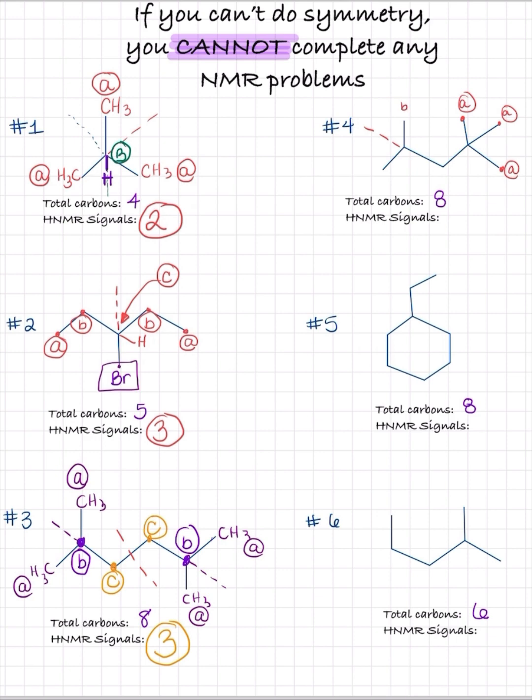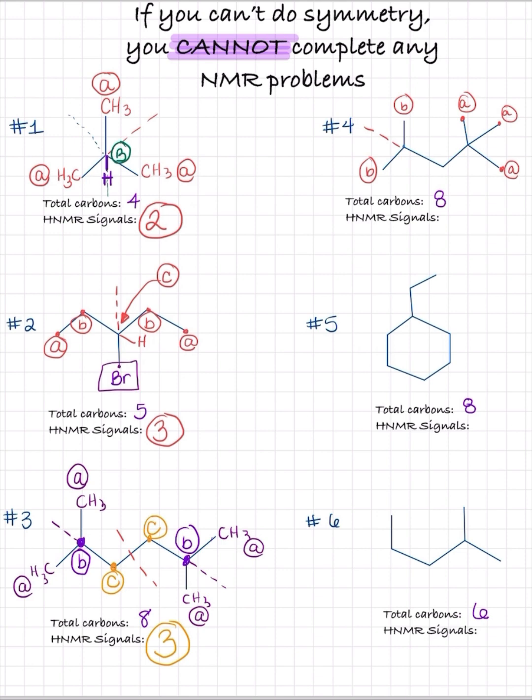So I can count these as just B. Does it matter that I'm skipping around the actual structure to label A's and B's and C's? No, we do not care. But your instructor will when it comes time to grading, so please make sure that you clearly label your structures if your instructor wants to see that, which they should. So, to the next one.